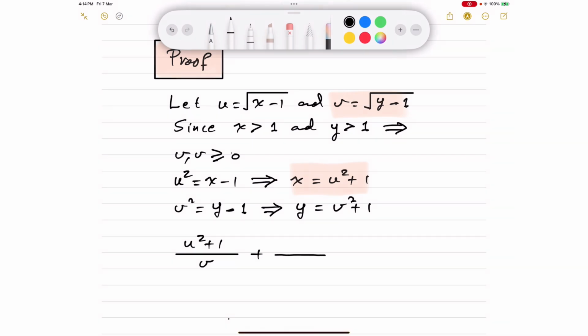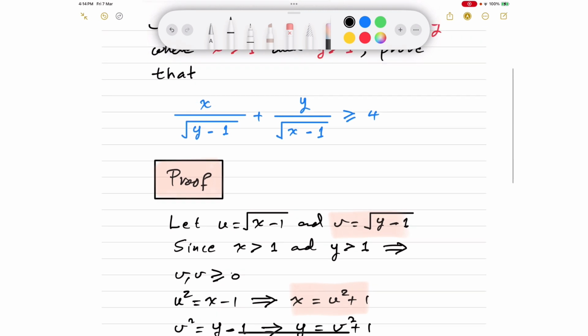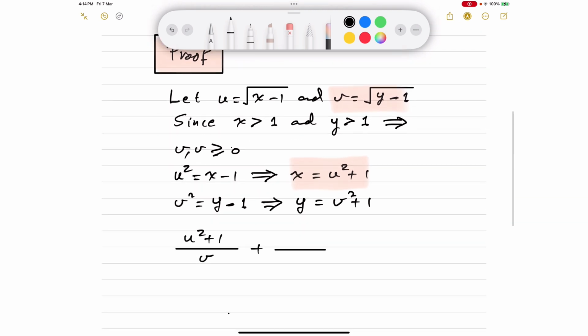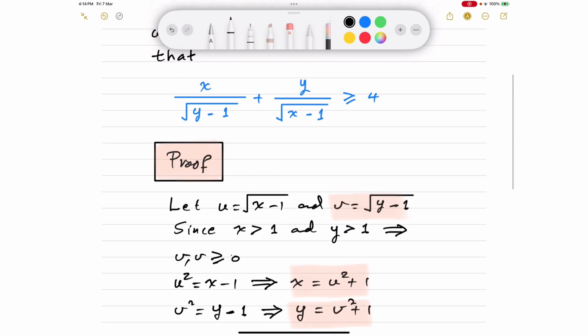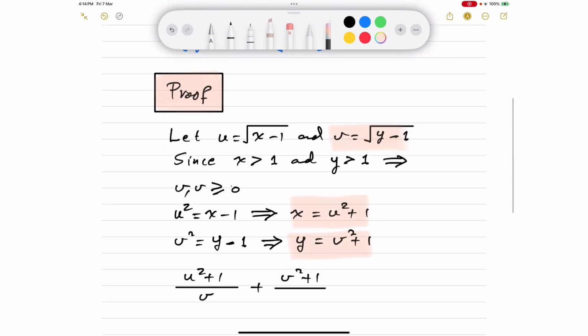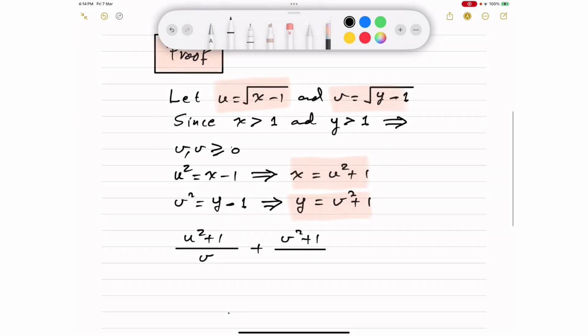The second term, y, becomes v squared plus 1, divided by the square root of x minus 1, which is basically u. So we need to prove that this is greater than or equal to 4.